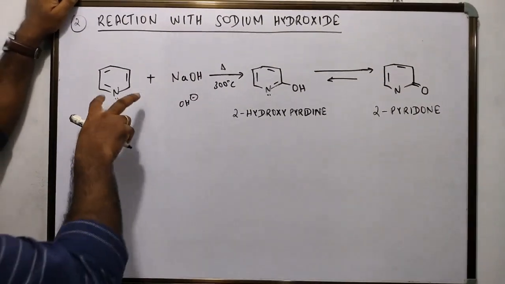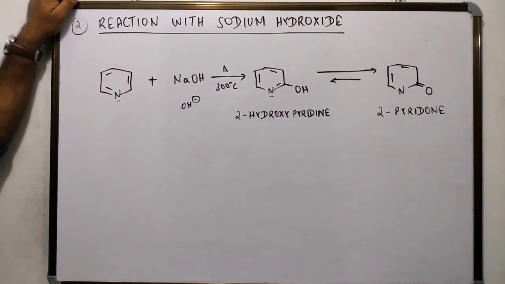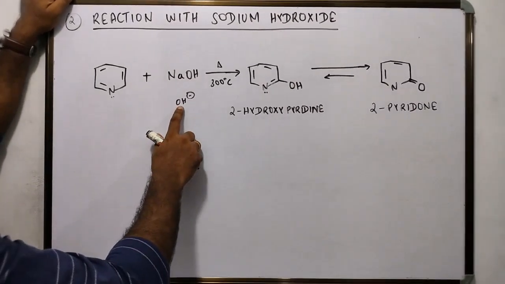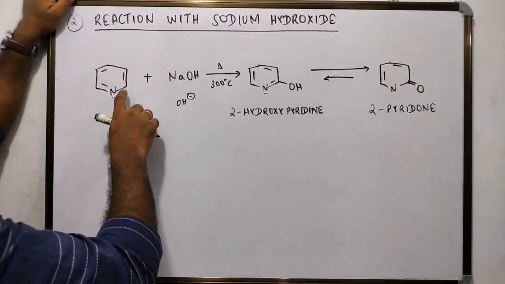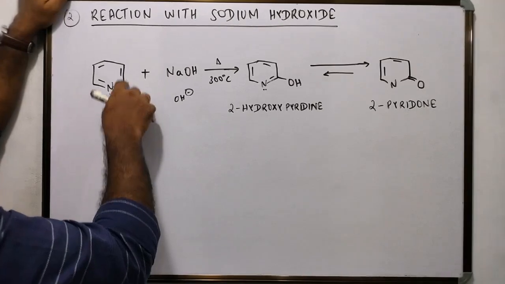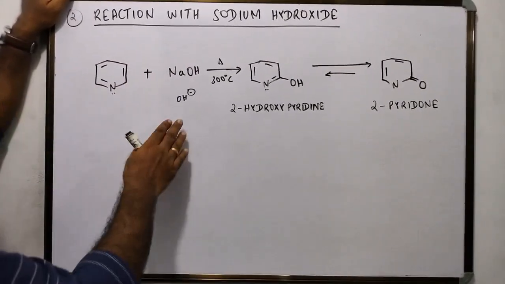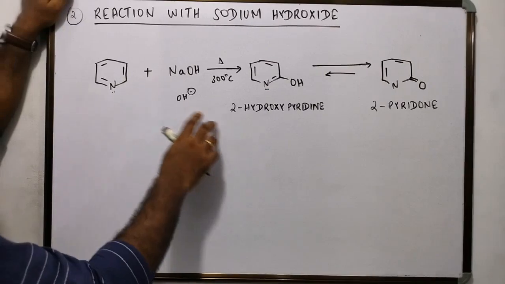That means at the ortho and the para positions. We have already seen in example number 1 that the nucleophile has a preference to attack at the second position over the fourth position. We have seen the reasons in that example, and it attacks the second position to yield 2-hydroxypyridine.